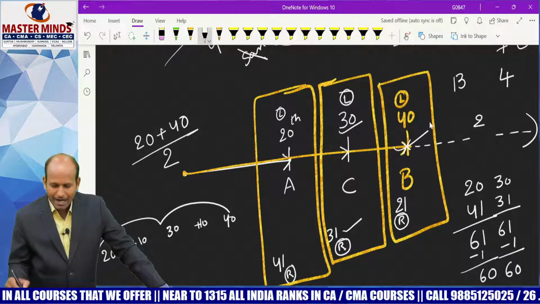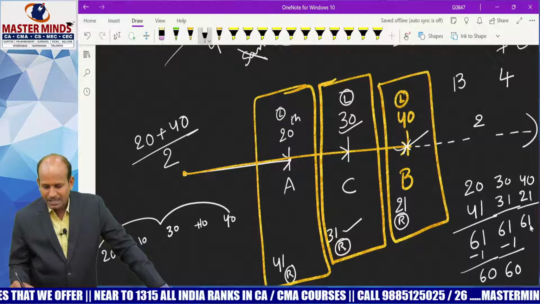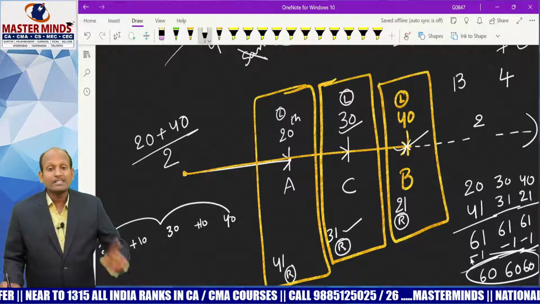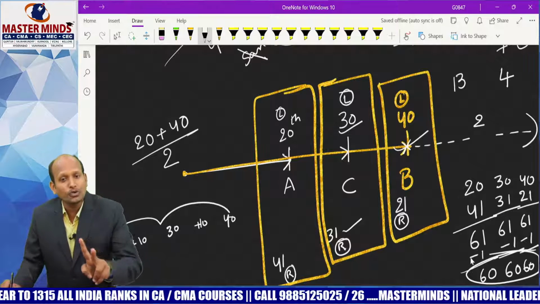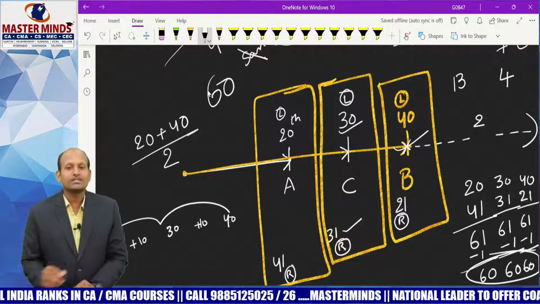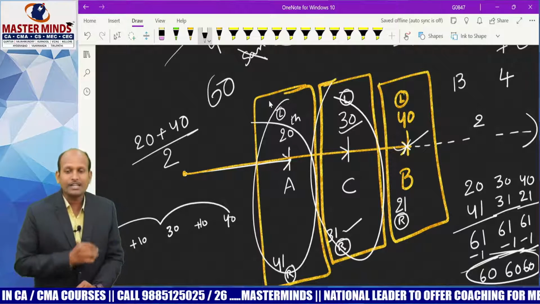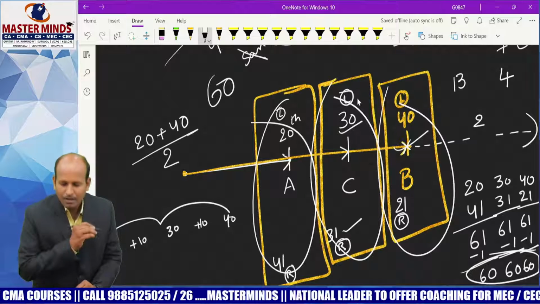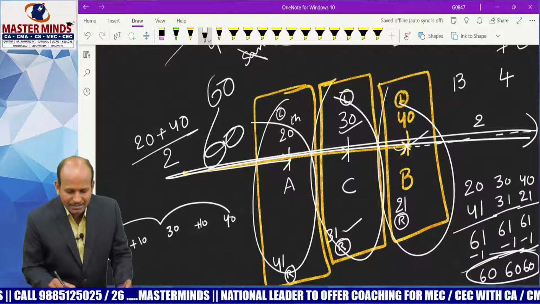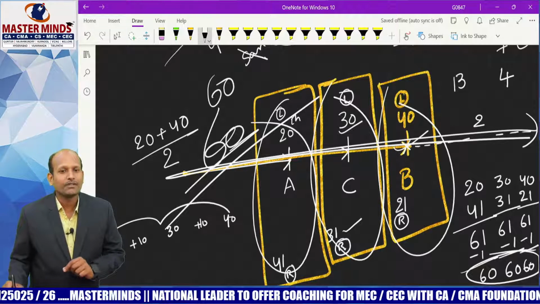B is 40 from the left, 21 from the right, 61. B is included two times, minus 1, total strength 60. That means you can take any person's two ranks minus 1 to get the total strength, 60. Why? Because the total strength is equal to 60. So this is the explanation for this question.